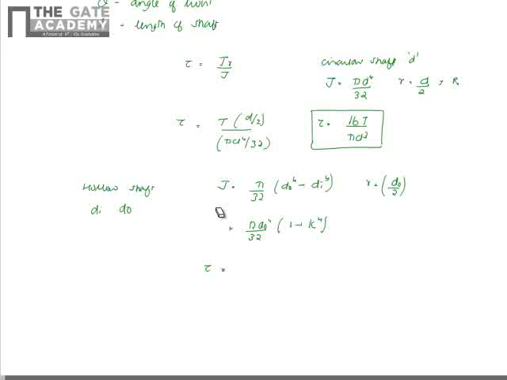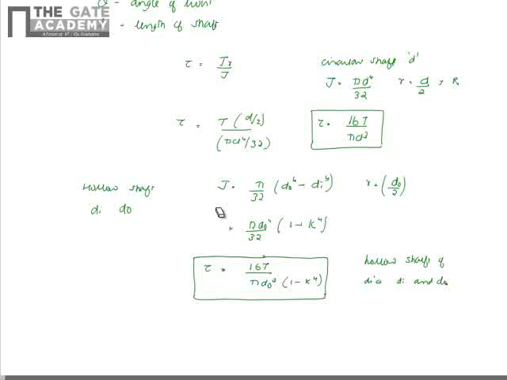So we get tau is equal to 16 T by pi do cube into 1 minus k raised to 4. This will be the maximum shear stress coming in the shaft due to the torque T for a hollow shaft of inner diameter di and outer diameter do. This is the shear stress coming due to the torsional loading.